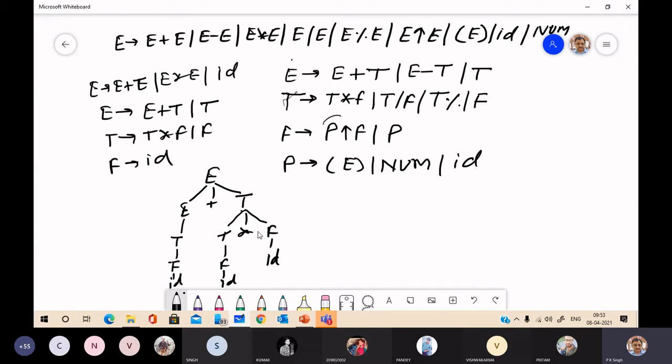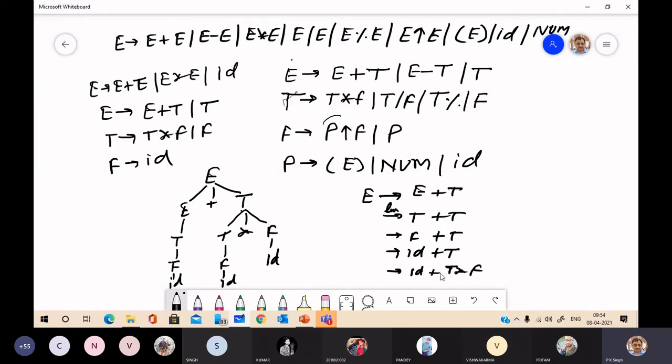lower precedence than multiplication. Okay, just see, we start from E, see the leftmost derivation: E plus T, then leftmost non-terminal, E to T plus T, this T to F plus T, F to ID plus T, and now ID plus T into F. Then next leftmost derivation, ID plus this T to F asterisk F. Next ID plus ID into F. Next ID plus ID into ID.